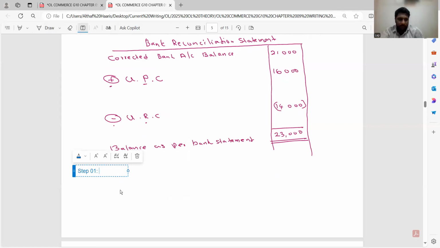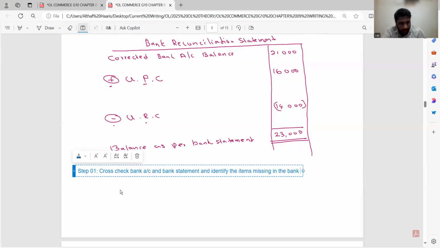Step 1. Cross-check the bank account and bank statement and identify the items missing in the bank statement which are available in the bank account.